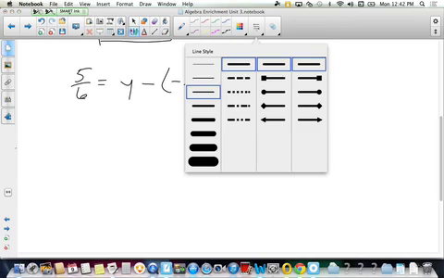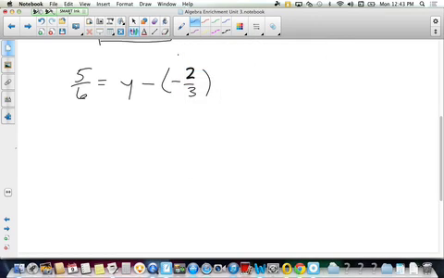Sorry. Okay. So the first thing I want to do is rewrite this. I don't like the minus minus here, so I'm going to change that to a plus plus.